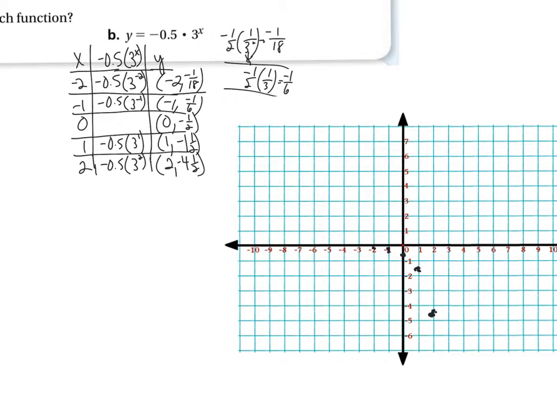And so when you draw these, they'll kind of have a curve to them, okay? And like I said, over to the left, it's going to stay really close to the x-axis, but it's not going to cross over it.